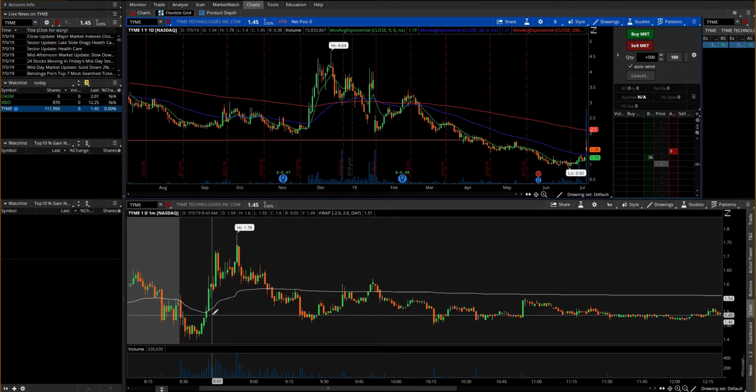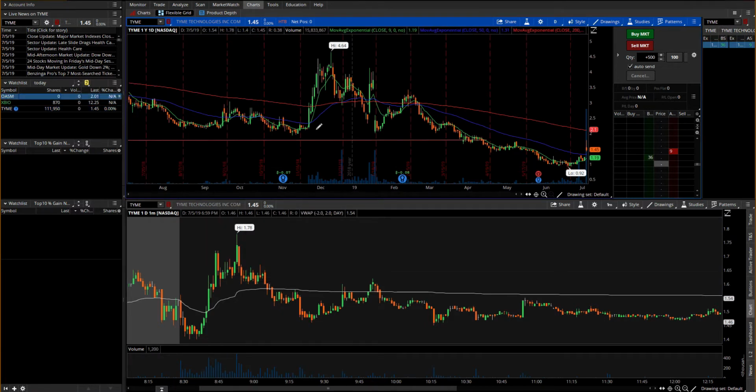That's not a good entry. So we want that information to help us get the best possible entry right here at the break of the VWAP and sell at the top to make the highest profits. So that's what we're looking for.